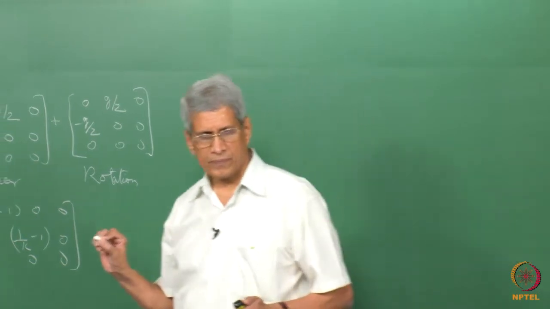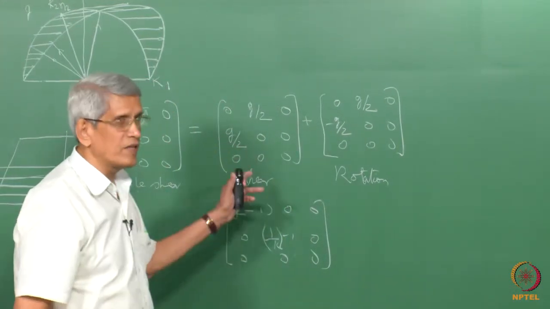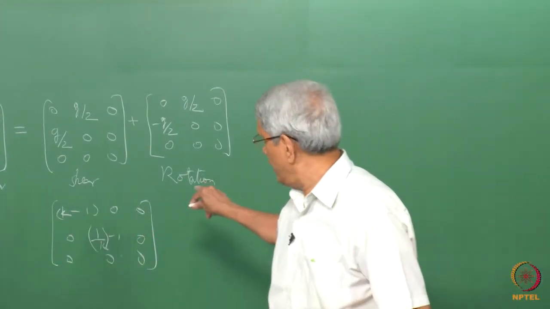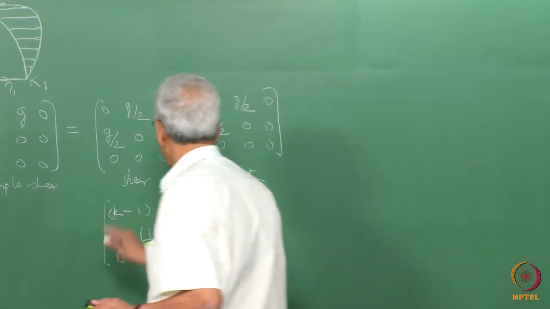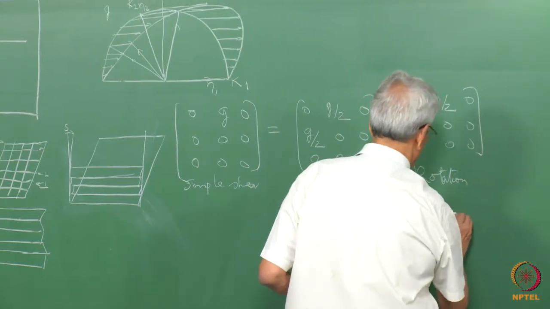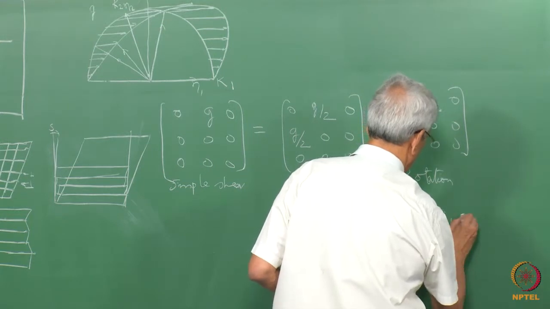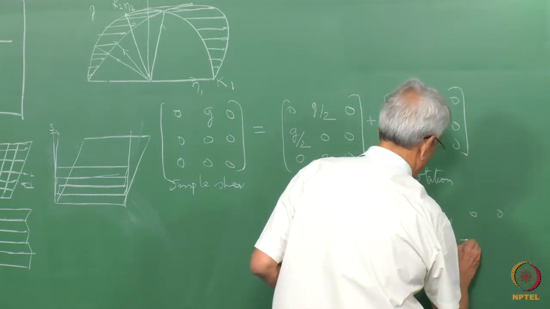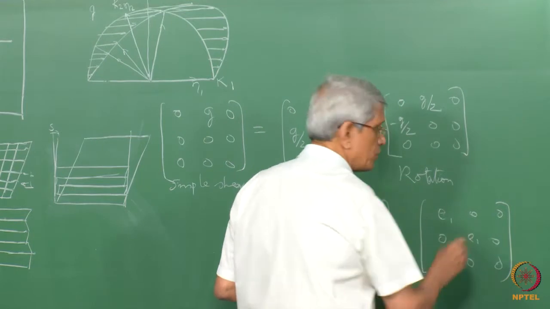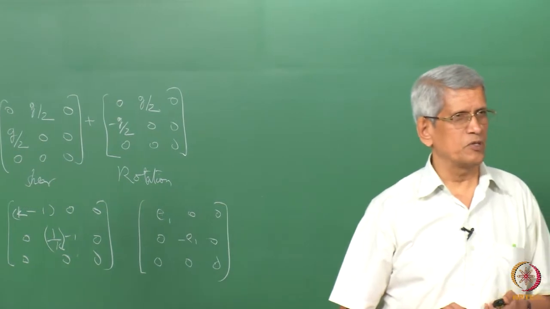Is this clear? So essentially what we can consider is that by giving a strain, this can be written in this form, something like this, so that when shape change does not take place, the sum of the diagonal elements has to be 0, correct?